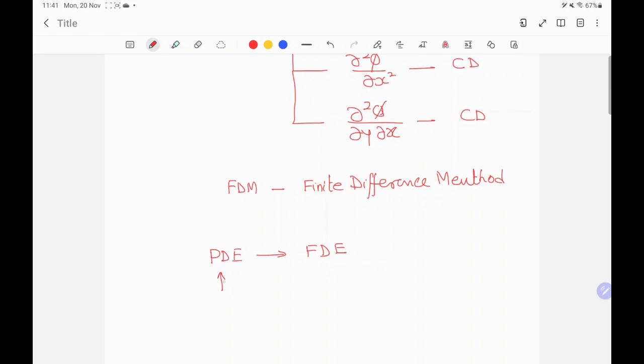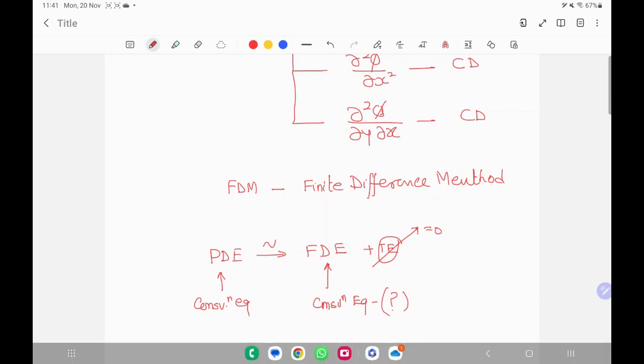These are your conservation equations, and this is approximate because there is truncation error here, which you have made equal to 0. So this equation need not be a conservation equation. Is it a conservation equation? No. We don't know. We have changed the equation.